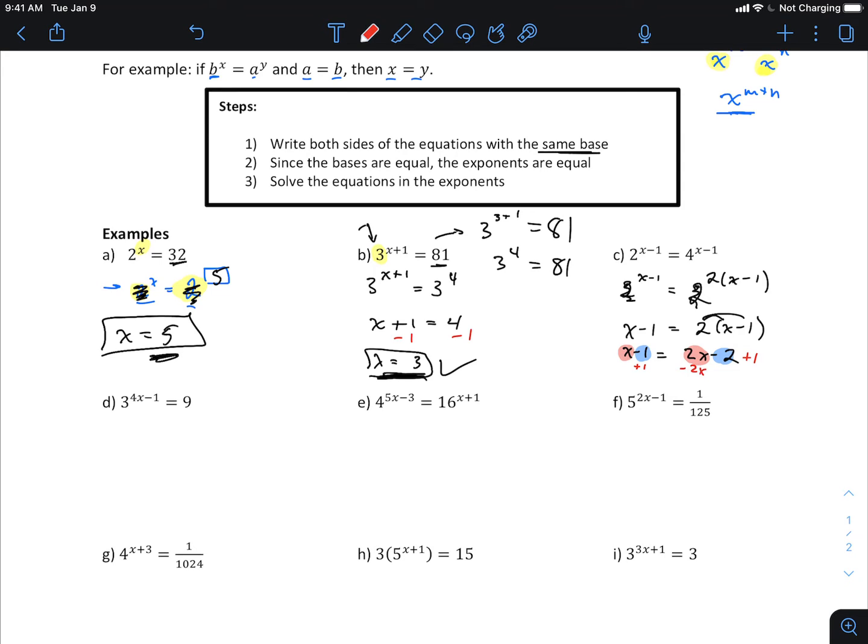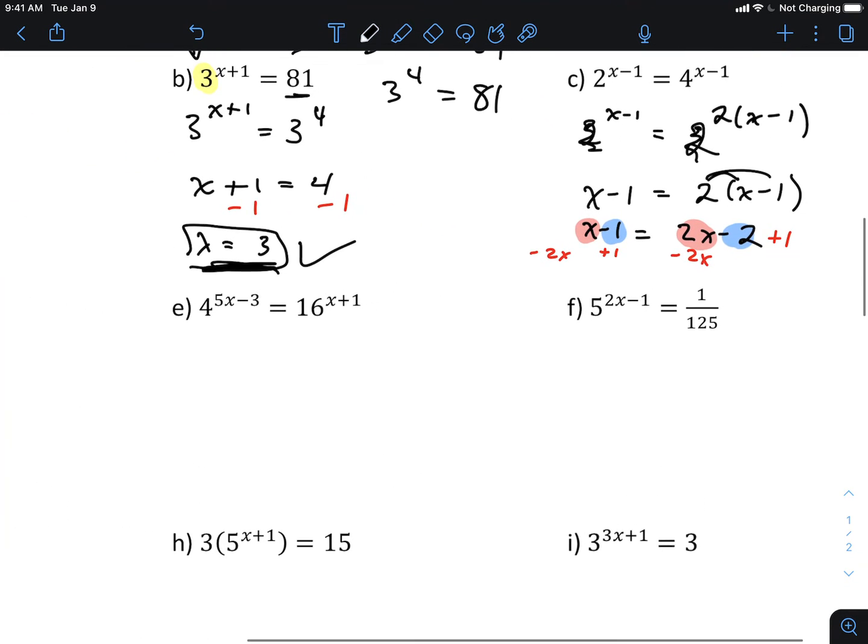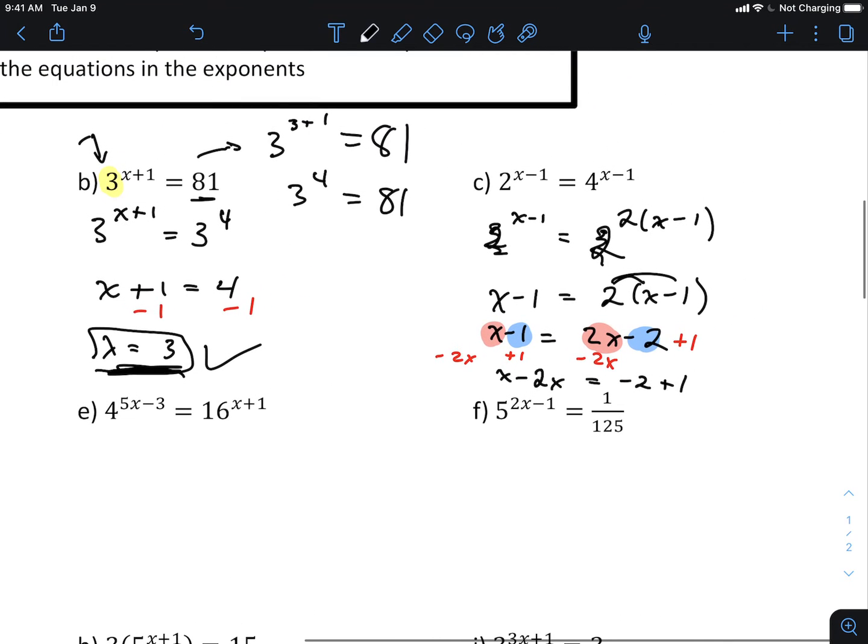Take away 2x from this side, take away 2x from the other side. Those are the rules that you have to follow. Right? So your next line here would look something like this. I know I didn't leave much room. I should fix this. x take away 2x has to equal negative 2 plus 1. I'll try to write it up here.